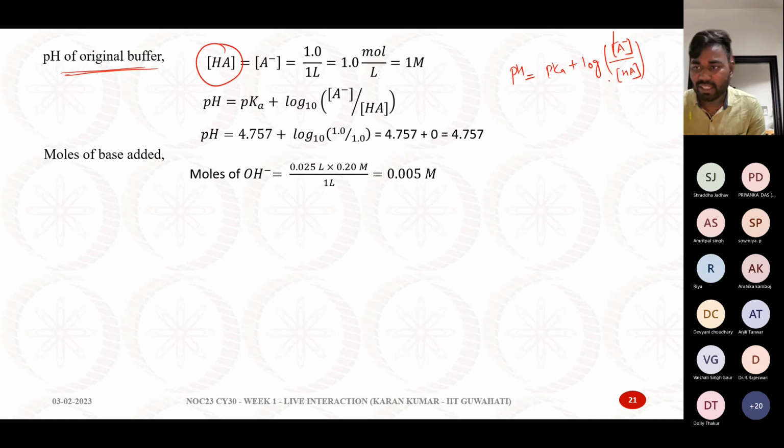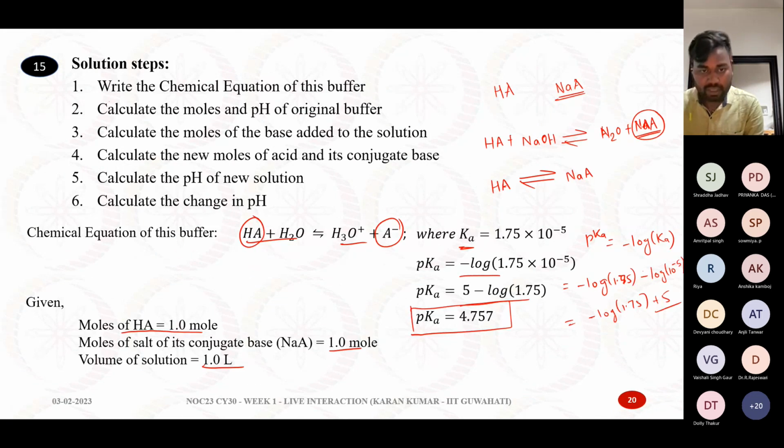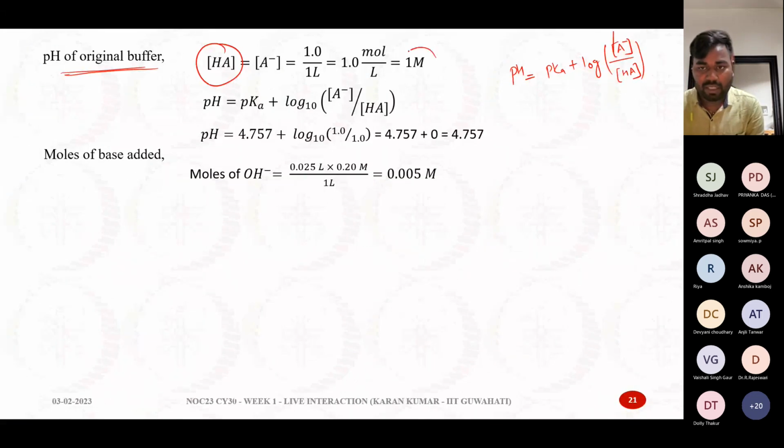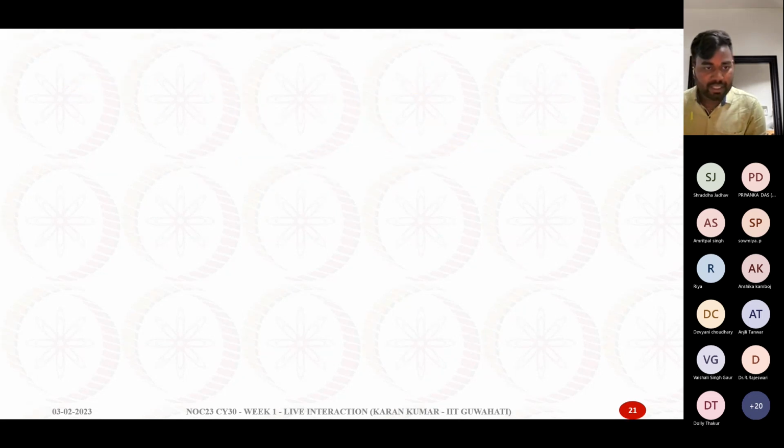Both are 1 mole, so the concentration will be 1 molar each. So pH will be 4.75 plus log of 1, thereby pH will be 4.75.